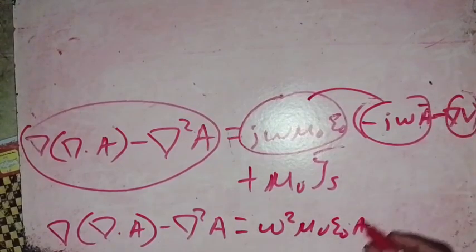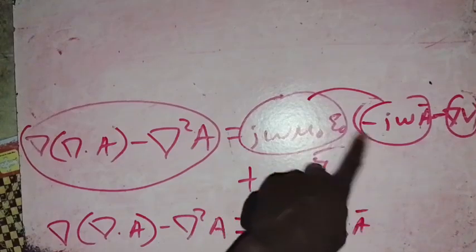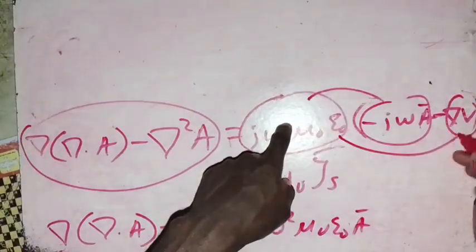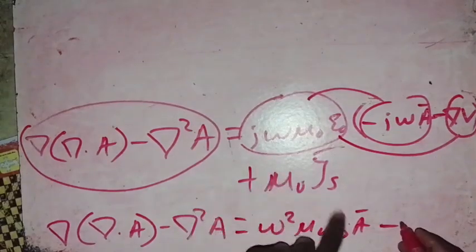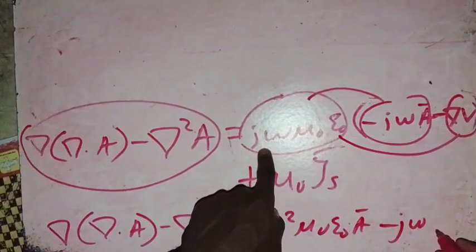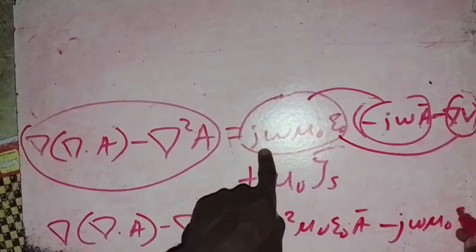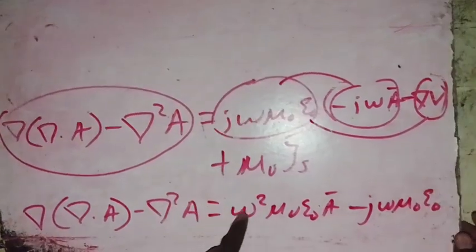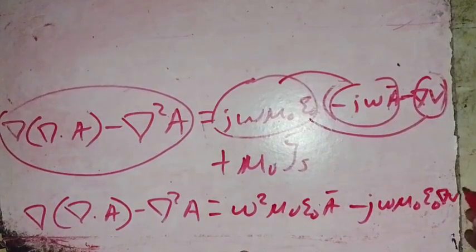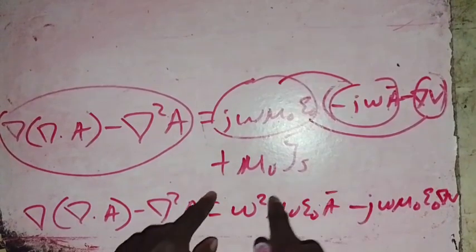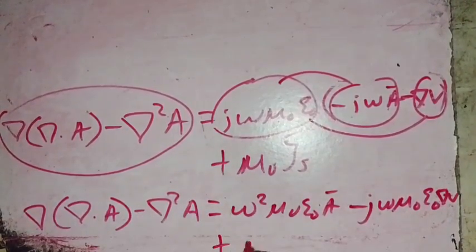There's a bar here. Then that's for the first term. Then the second term, this multiplies this. Note we have a minus sign here, and then j omega mu naught epsilon naught, and this guy will also be there. Hope that's clear. And then we have plus this guy here. Good.